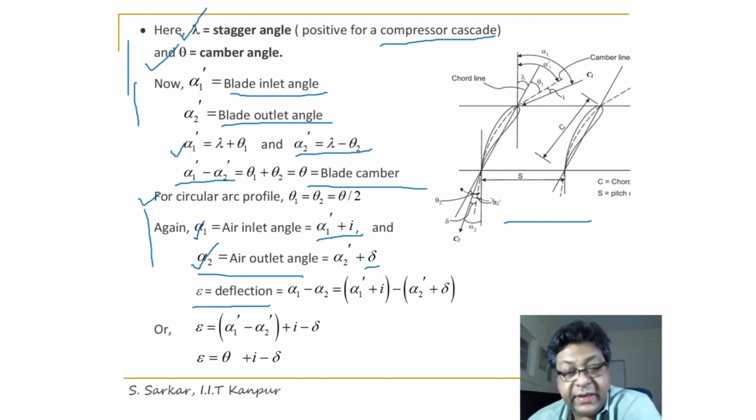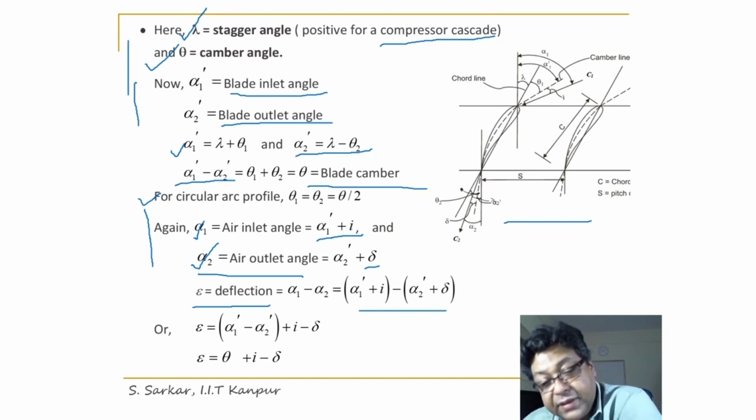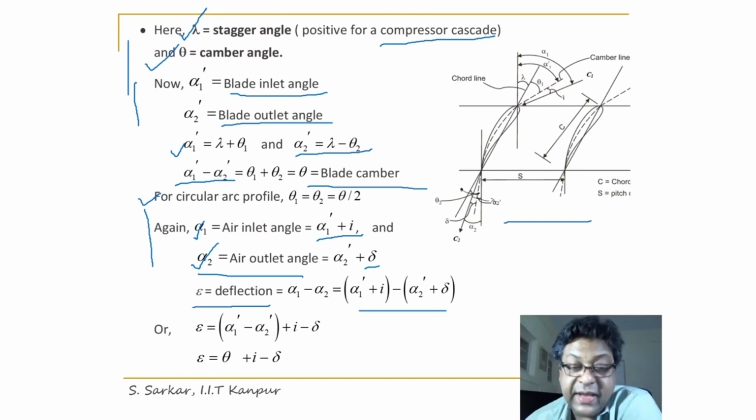Thus deflection can be stated as alpha 1 dash plus I minus alpha 2 dash plus del. So deflection would be equal to alpha 1 dash minus alpha 2 dash plus I minus del.